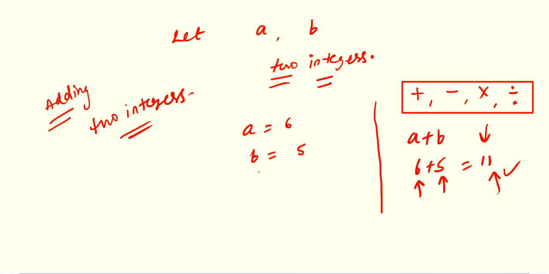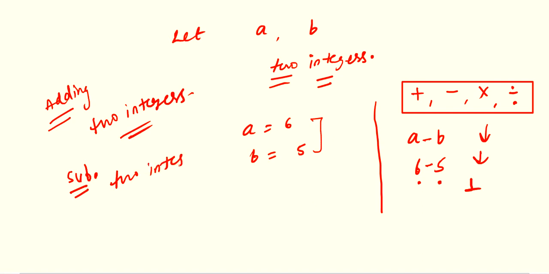Then what about subtraction? a minus b means 6 minus 5. You can take any value, no problem. Now 6 minus 5, answer is 1. Again 6 and 5 are both integers, and our answer 1 is also an integer. So if we subtract two integers, again our answer is an integer.